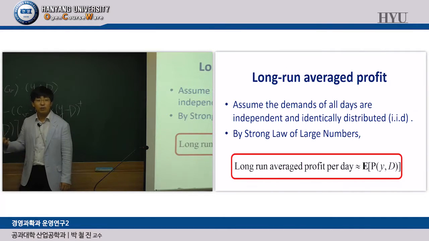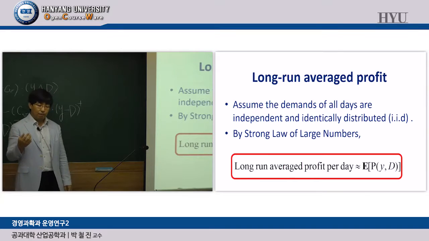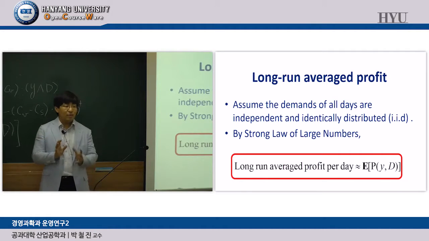But we are going to evaluate a similar representative number regarding a stochastic process. Okay? Under a certain situation, we can evaluate it. And this measure is called the long run averaged measure.